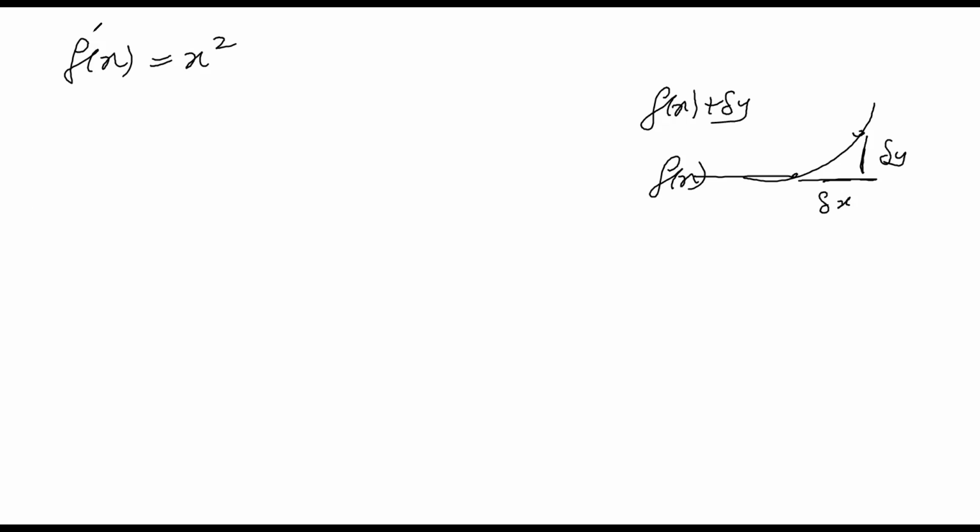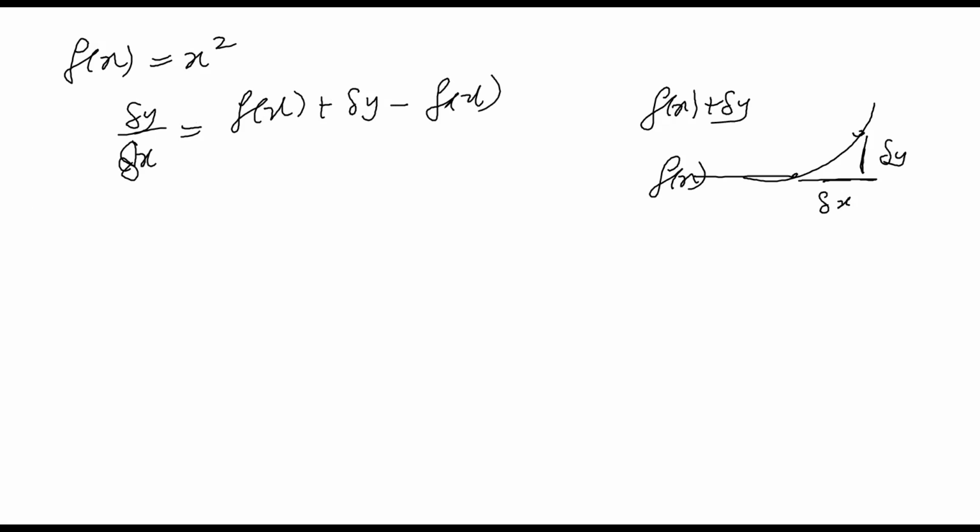Let's start with the gradient. The gradient of the curve is delta y over delta x, change in y over change in x, and to get the change in y divided by change in x, in terms of the function, I'll be having f of x plus delta y minus f of x, which is the same.